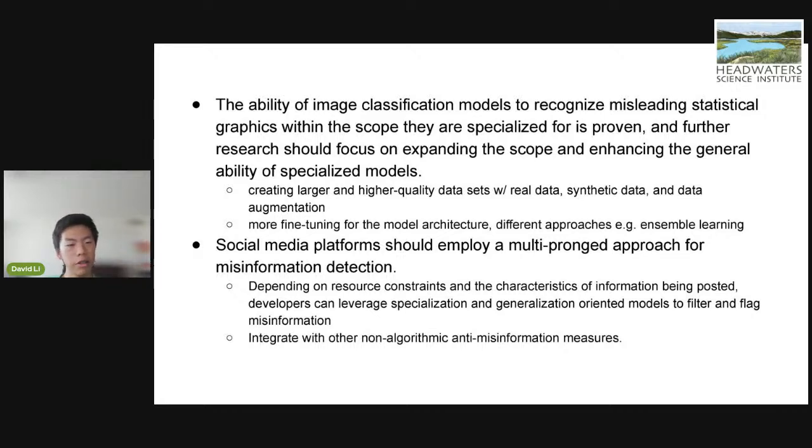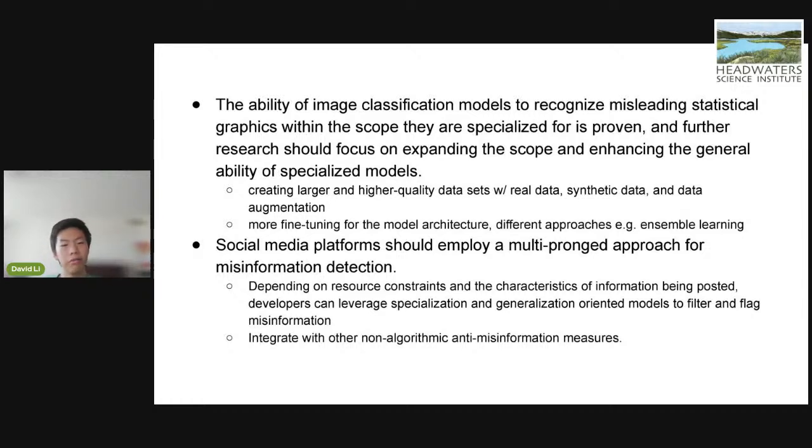Future research can also conduct more fine-tuning of the model architecture to perfect it, and also perhaps employ different approaches, for example, ensemble learning, transfer learning, etc. As for what social media platforms should do, they should employ a multi-pronged approach for misinformation detection, where they utilize all tools they have at their disposal.